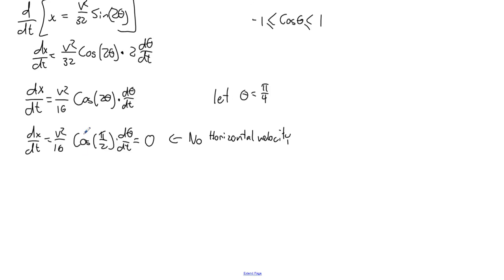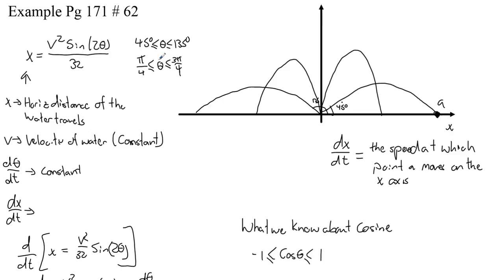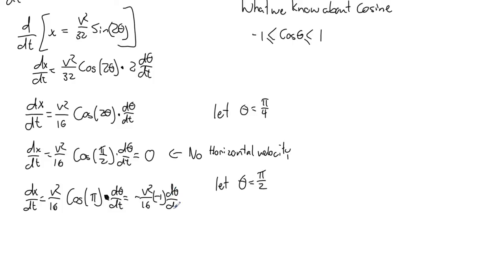Now, if we let theta be halfway between our two values, say let it equal pi over 2, then dx over dt would equal v squared over 16 times the cosine, and when I multiply pi over 2 times 2, I get pi, times d theta over dt, which would be equal to negative v squared over 16, because the cosine is -1, d theta over dt.